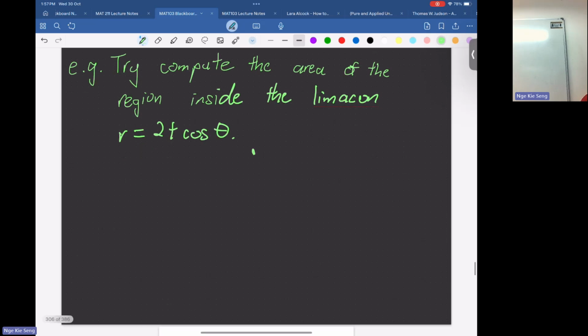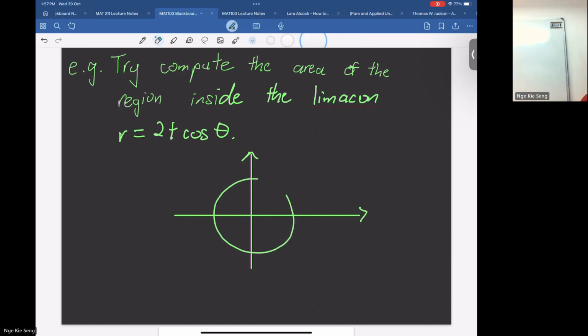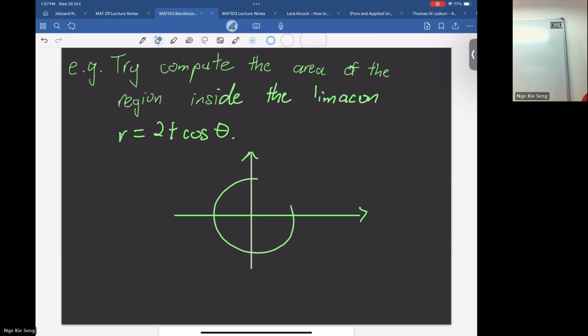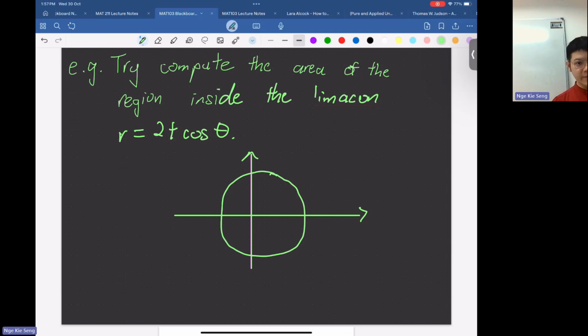Okay, so I can quickly draw you this graph here. Okay, let's just compute this only.